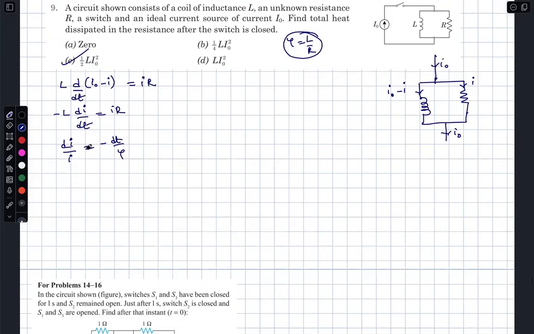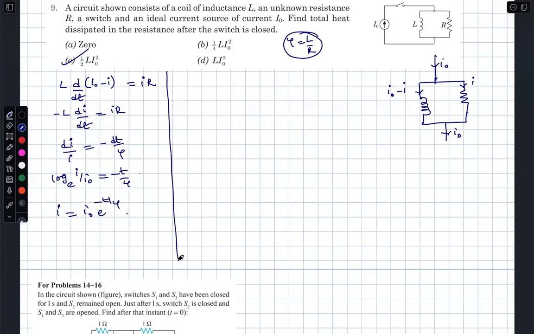I initial value is I naught. At some instant it is I. Remember, finally I is 0. Initially, no current flows through inductor. The entire current passes through here. Finally, the entire current will pass through here. So therefore, log e I by I naught is minus t by tau. So I is I naught e power minus t by tau.